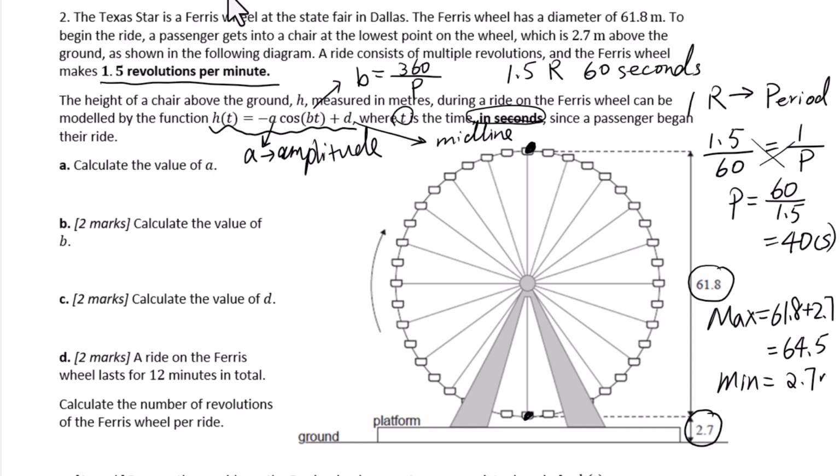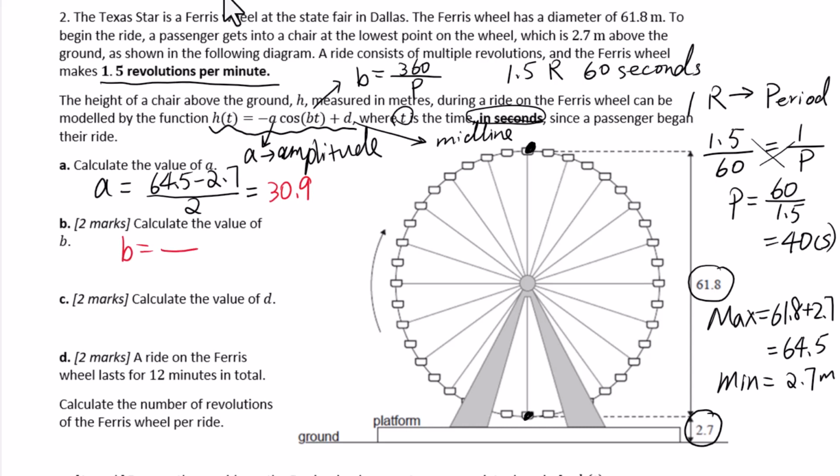Minimum value is here, 2.7 meters. Amplitude is half the distance between maximum and minimum points. So A equals 64.5 minus 2.7 over 2 equals 30.9 meters.